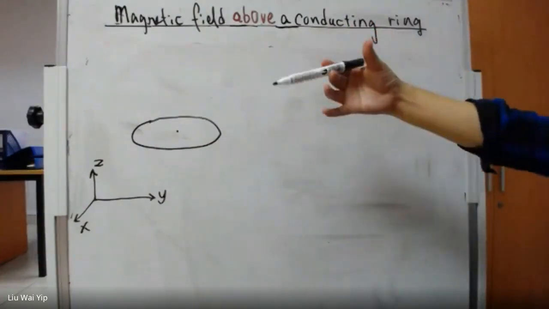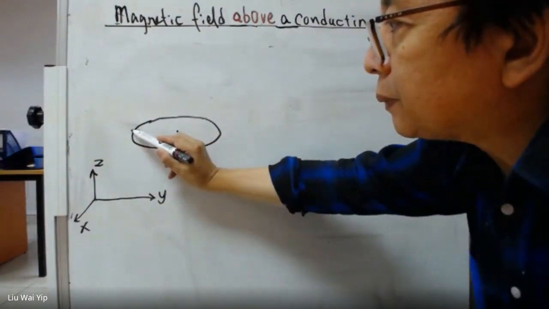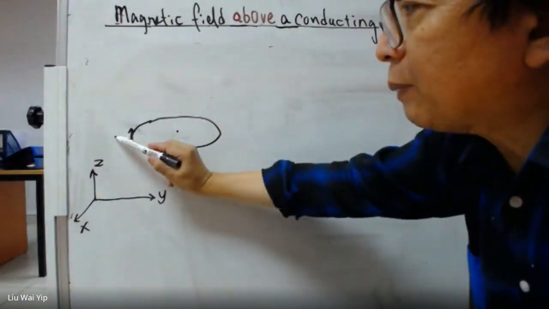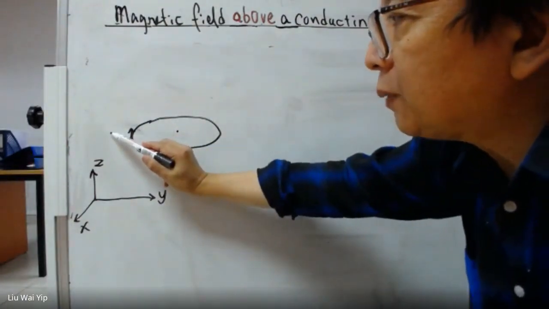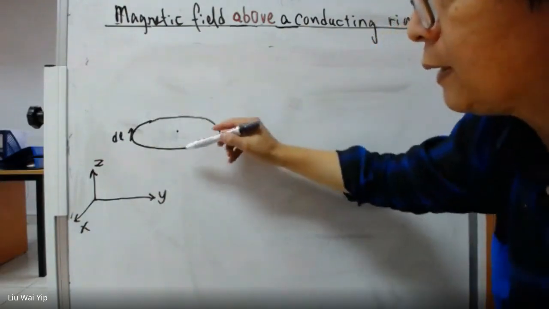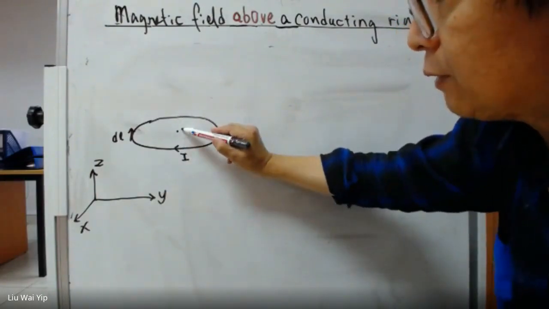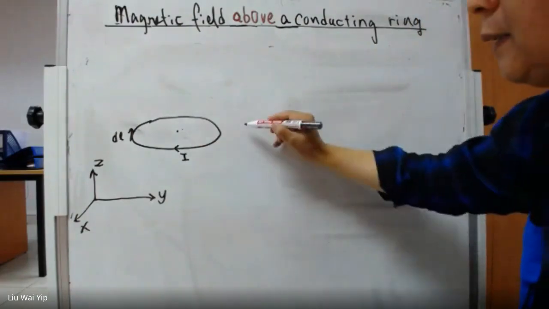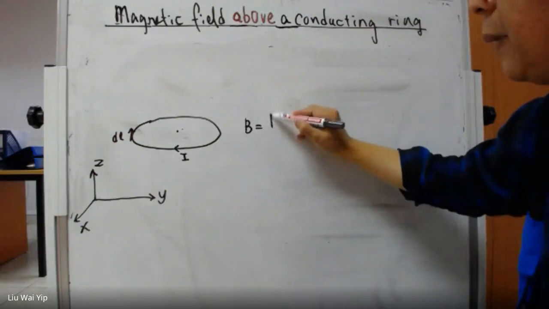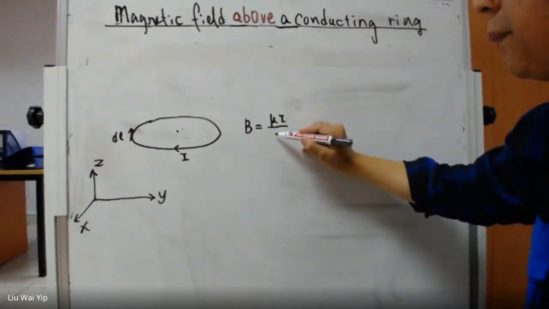Suppose your conducting ring carries the current I, and this is the little segment dl, producing dB, and the current running here is I. We learned that the magnetic field right at the center is given by mu I divided by 2A.